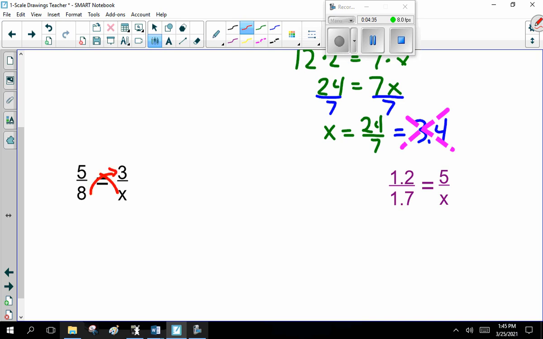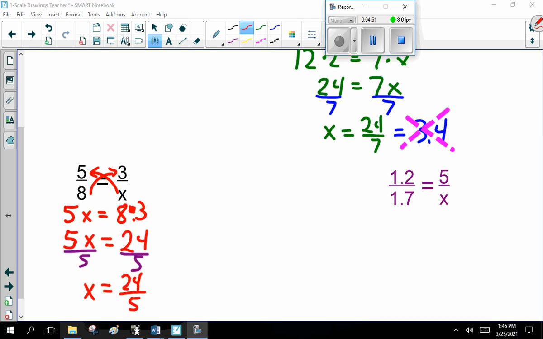Cross multiply. So it's 5 times x equals 8 times 3. You guys finish this. 8 times 3 is what? That's 24.